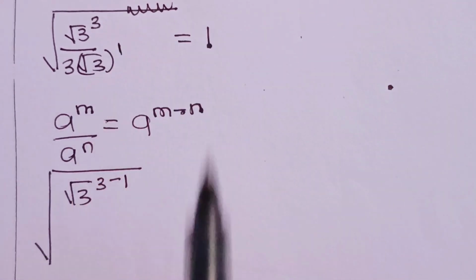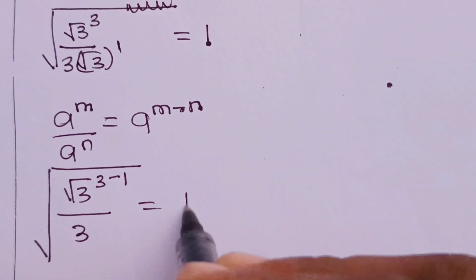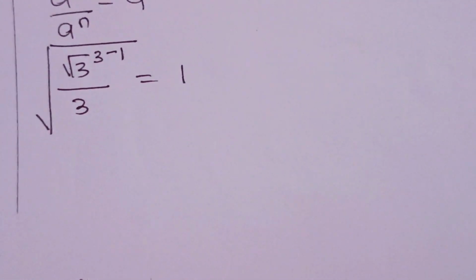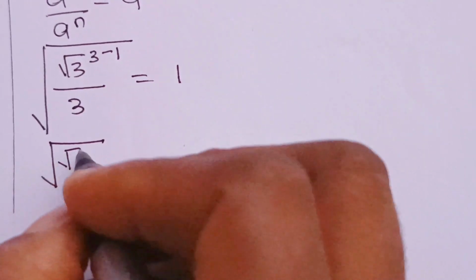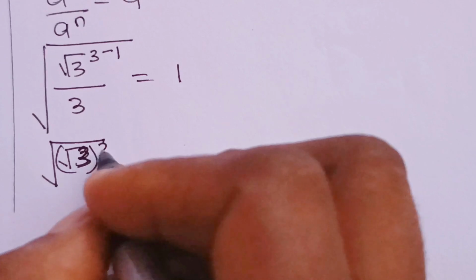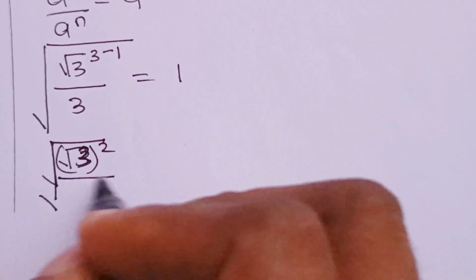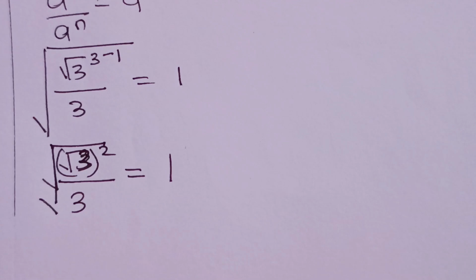That is this one here, divided by this will remain, is equal to 1. Now we have the square root of root 3 to the power of 2, divided by 3 is equal to 1.